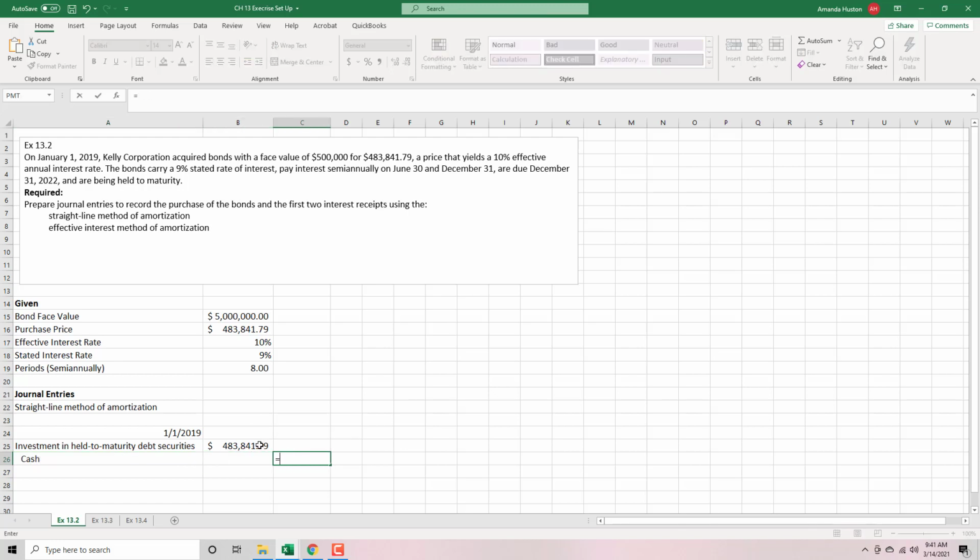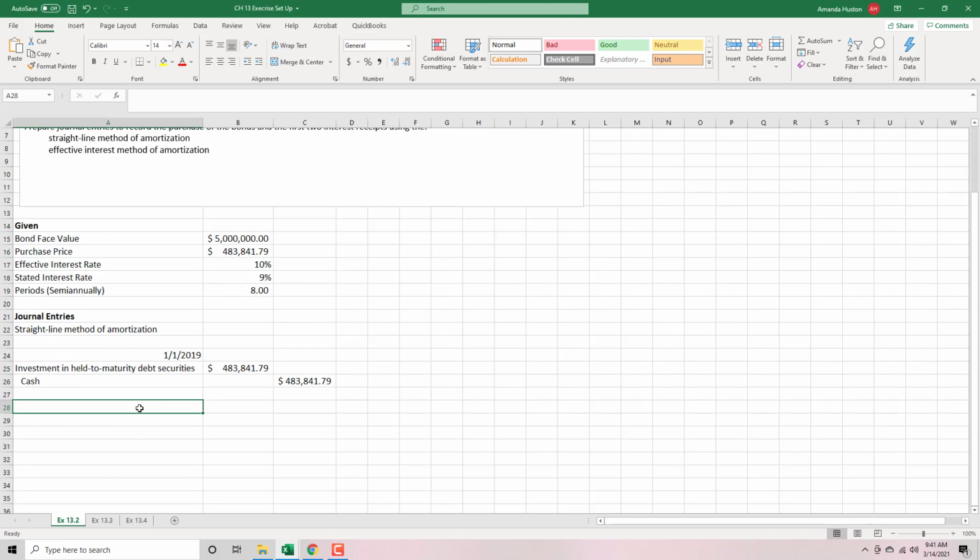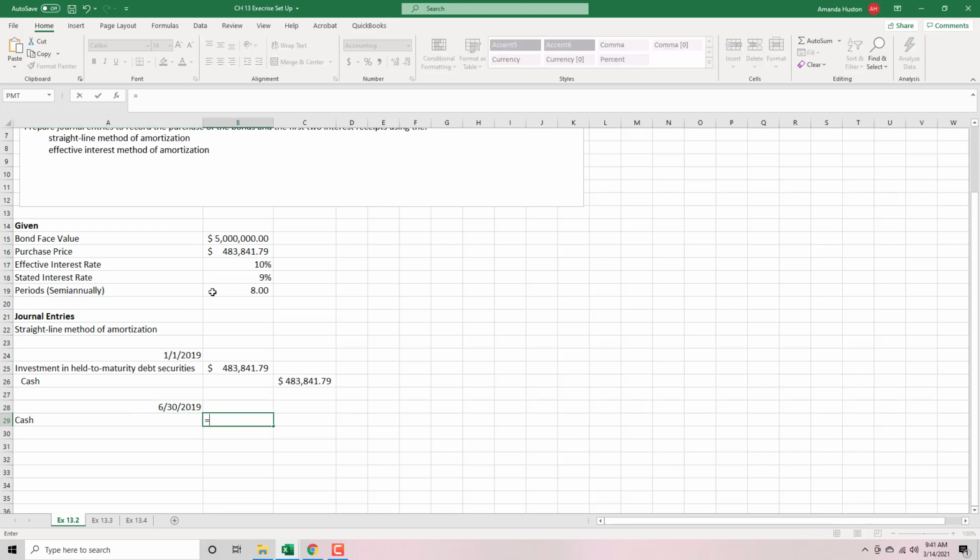Next thing we're going to do is calculate the interest. So on 6/30/19 is the first interest payment. So the cash for the interest that they receive is the bond face value times the stated interest rate times, it's semi-annually, so 6 divided by 12 or 0.5.